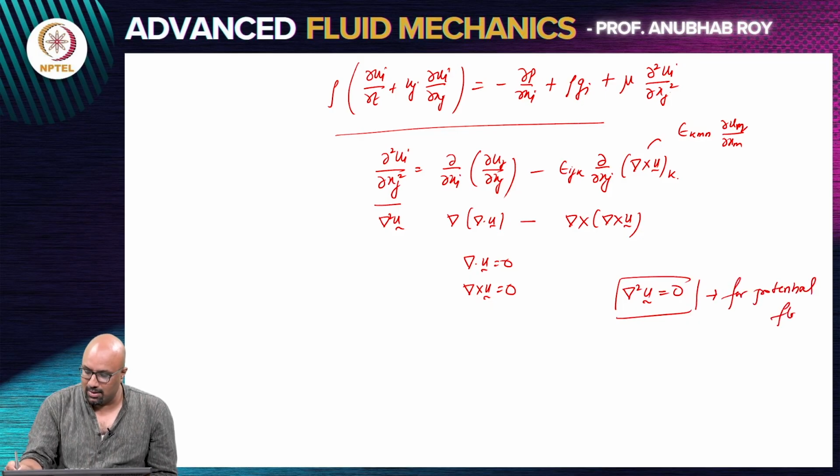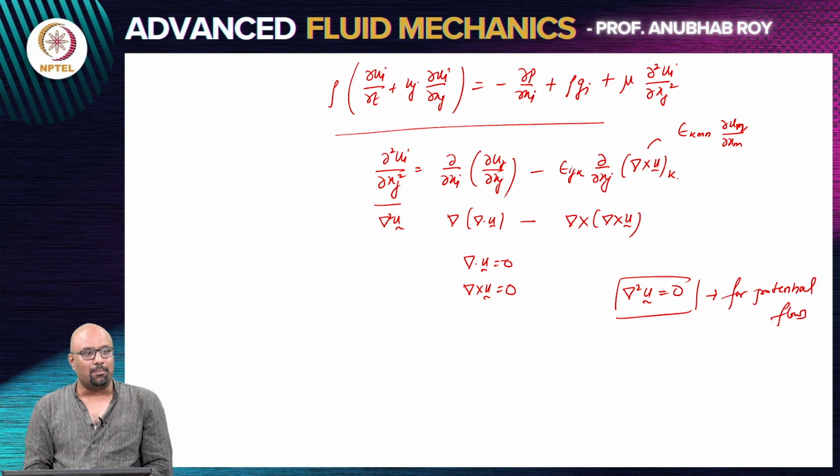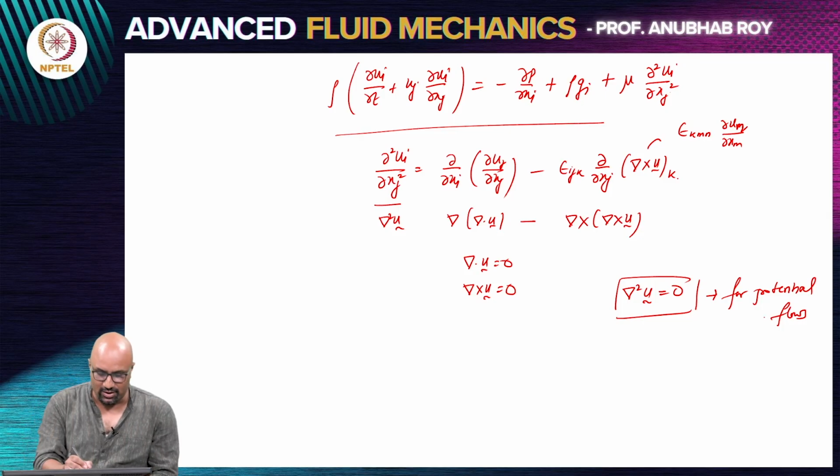Now, this is a remarkable result, that potential flows are exact solutions of the Navier-Stokes equation. This is not stated often enough, but when we study potential flows, those potential flow solutions are also solutions of the Navier-Stokes equation. This is an important point.